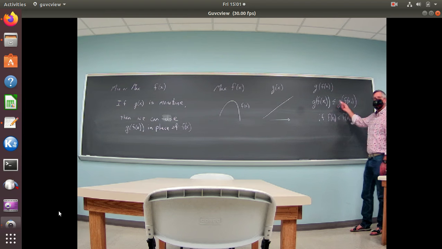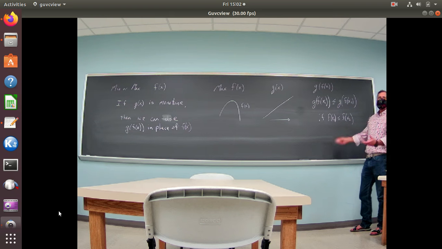So when you've got this situation, I can just maximize g of f of x instead of f of x, because it's the same idea.